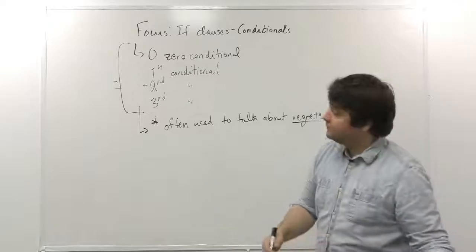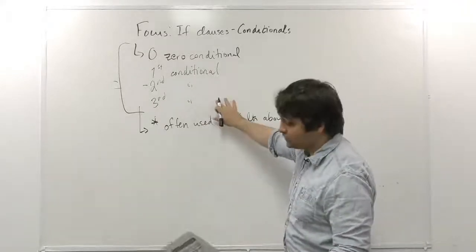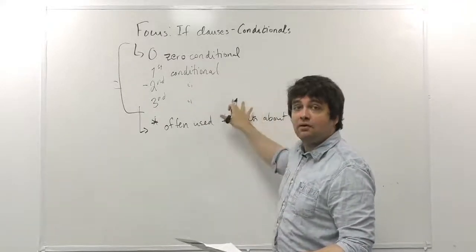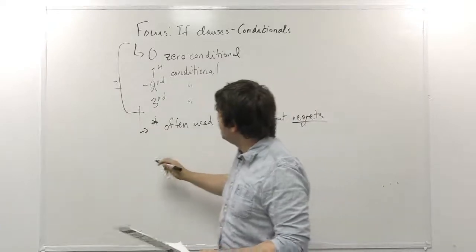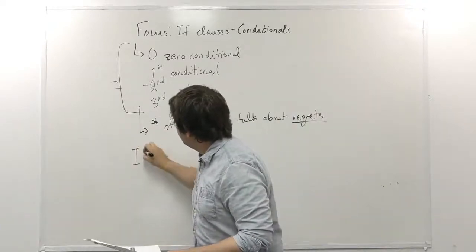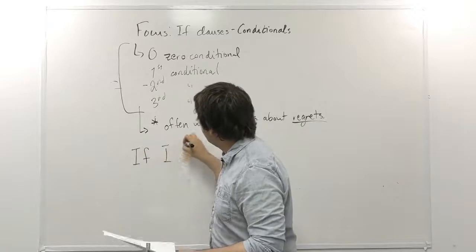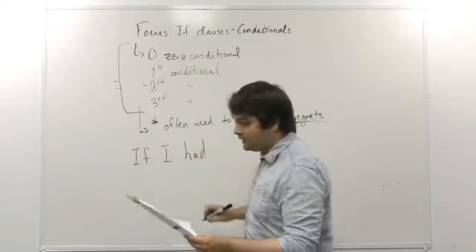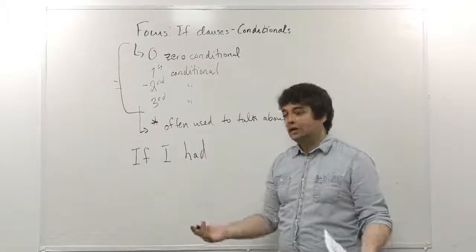So let's make a third conditional sentence about my regret. What we would say here is, if I had done what?